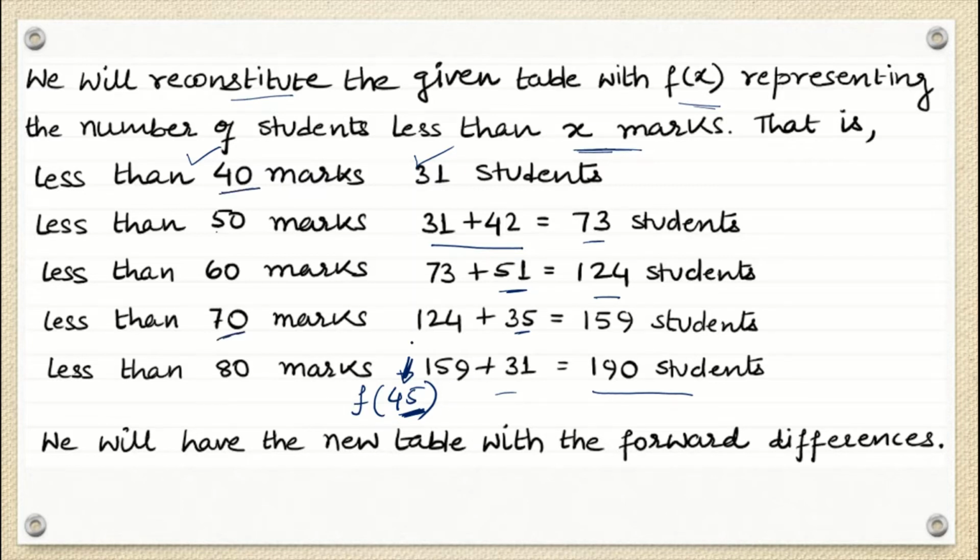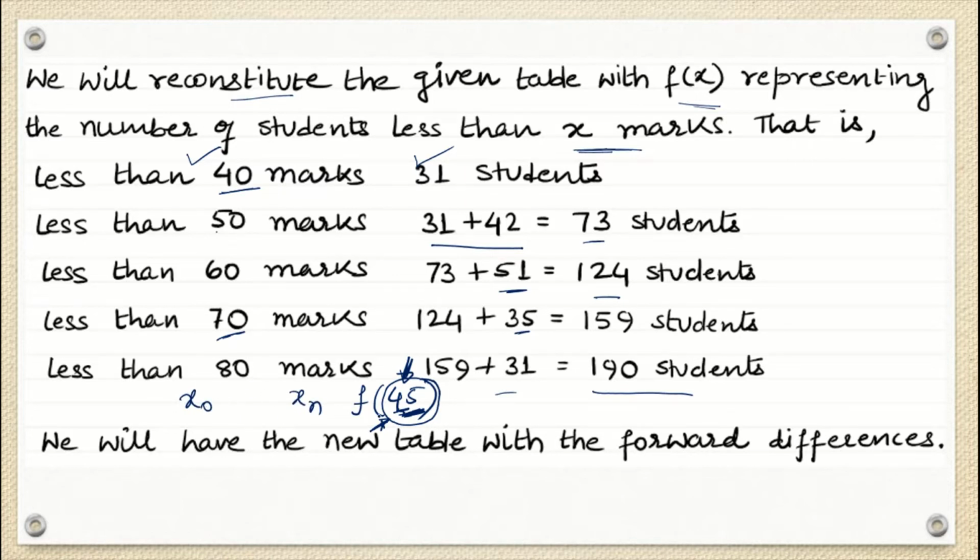We want to know how many students got less than 45 marks, and this is much easier using the interpolation method. But whether we use Newton's forward or Newton's backward interpolation depends on whether the unknown number they are asking is near to x0 or near to xn.